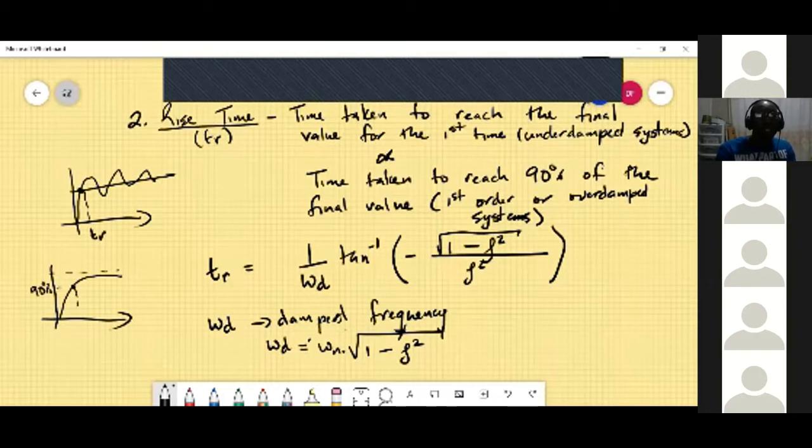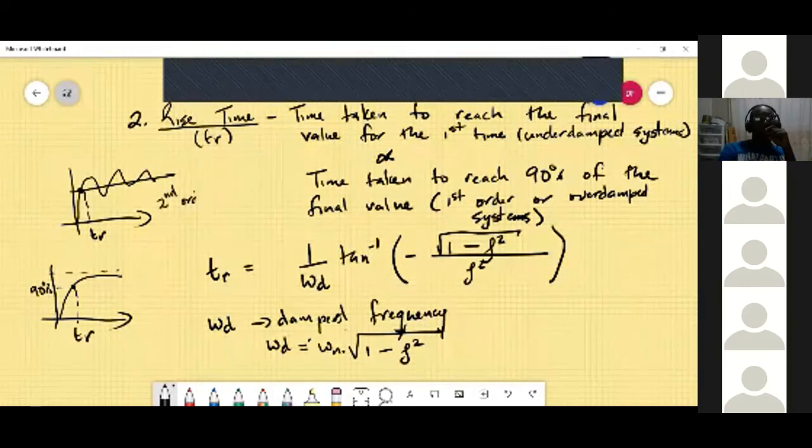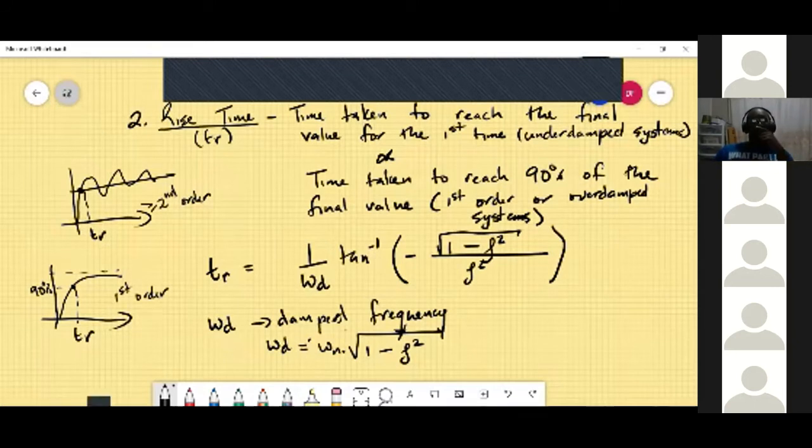So the rise time is the time it takes to reach 90% of the final value. So this is for a second order system or higher, and that is for first order. So that is rise time.